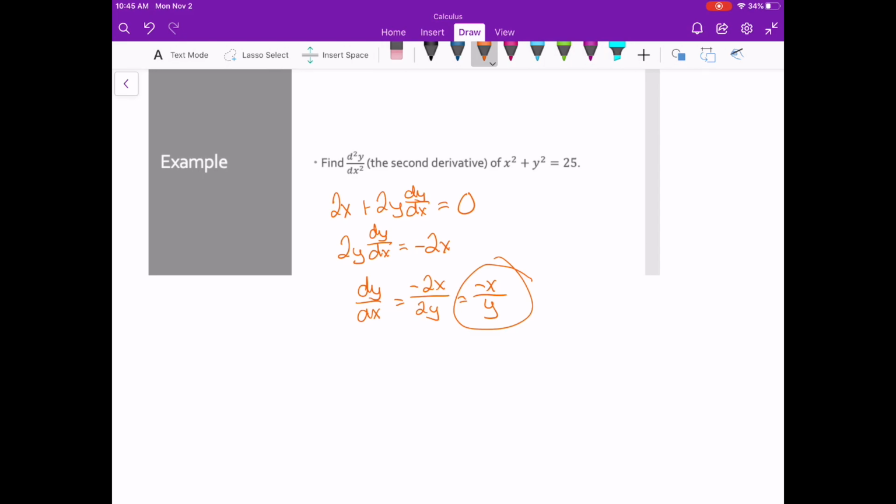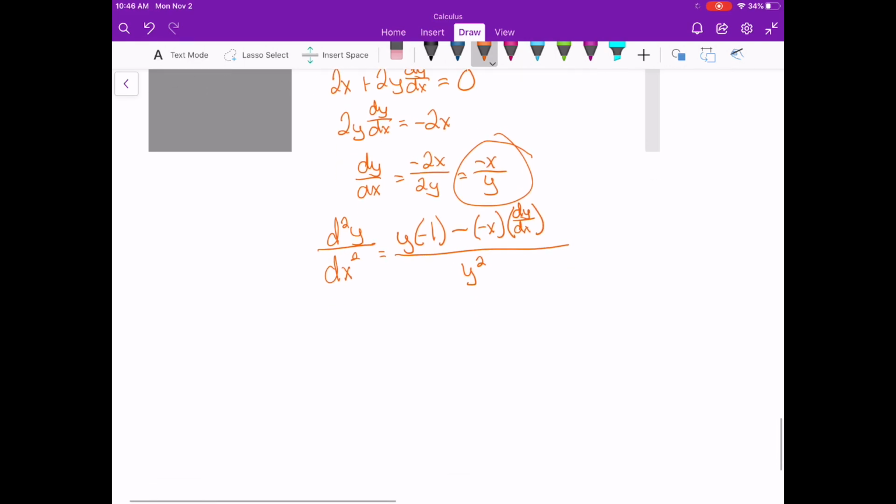This is a quotient rule, so to find d squared y dx squared, remember we take low, d high, minus high, d low, the derivative of y is dy dx, all over low squared. I'm going to simplify this here really quickly. So d squared y over dx squared equals negative y plus x dy dx all over y squared.